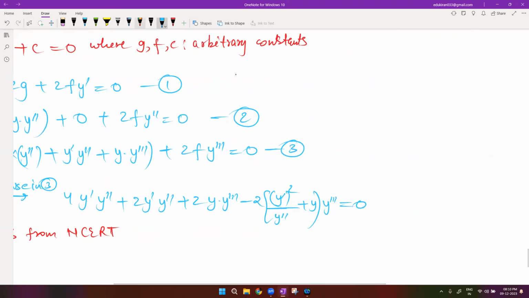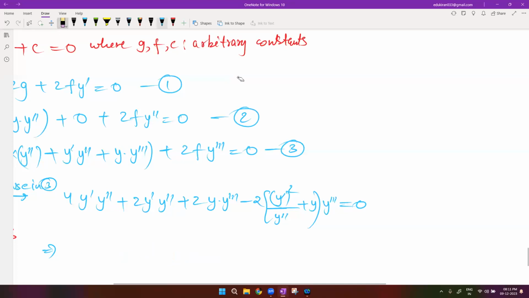This whole equation can be written with some more adjustment. So this will be 6y into y double dash plus 2y into y triple dash minus, we can multiply this or we can take this. Okay, so the final equation will be this.